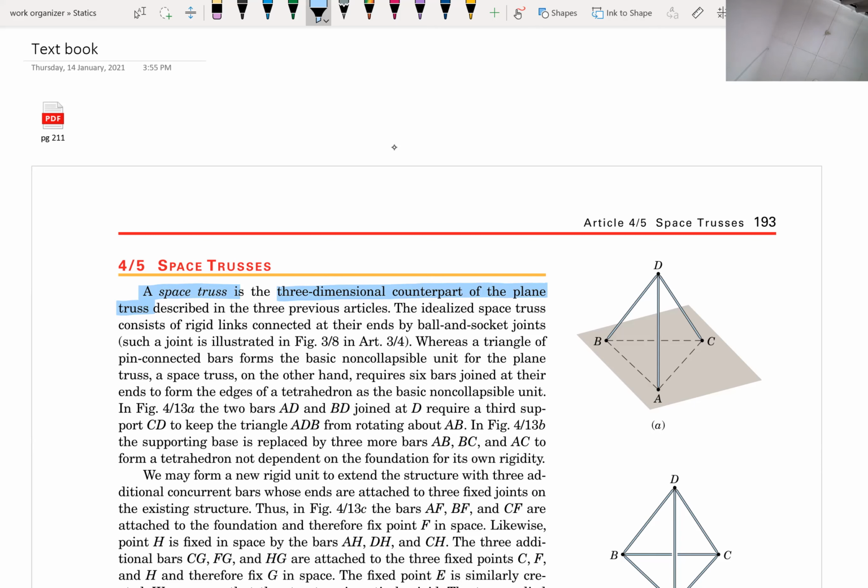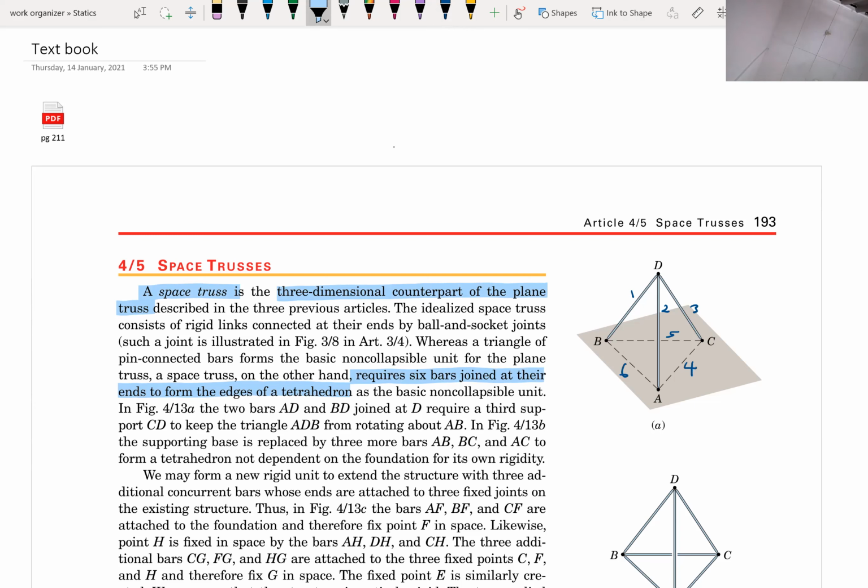So in this space truss, it requires 6 bars joined at their ends to form the edges of a tetrahedron. So it has 6 bars here. So you can see this is 1, 2, 3, 4, 5, and 6. 6 bars.